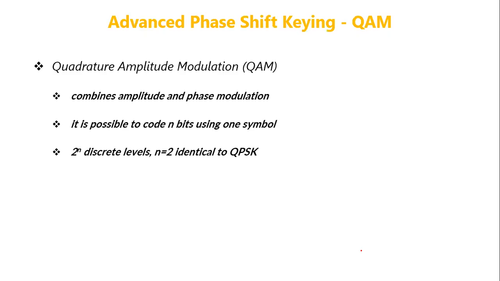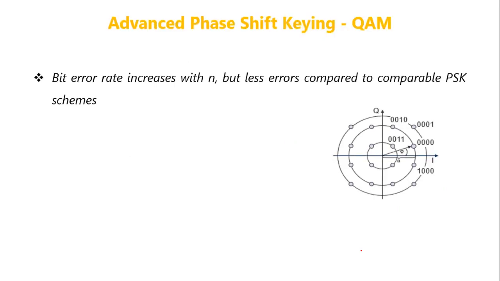There will be 2 power n discrete levels. If n is 2, then it is identical to QPSK. In quadrature phase shift keying, we send 2 bits at a time. Let us now try to understand how 16 QAM works.